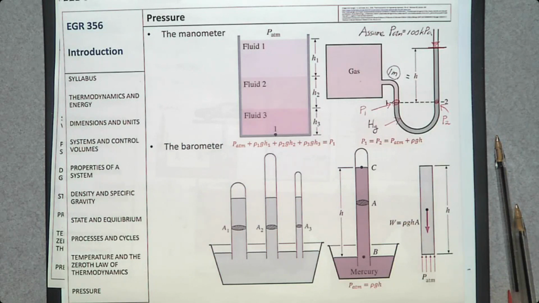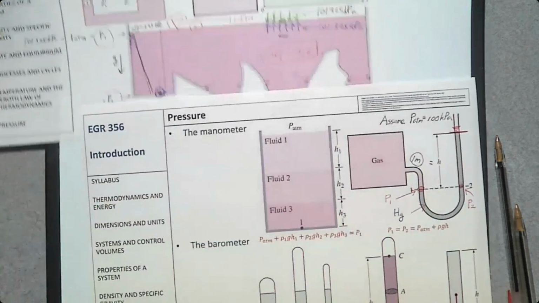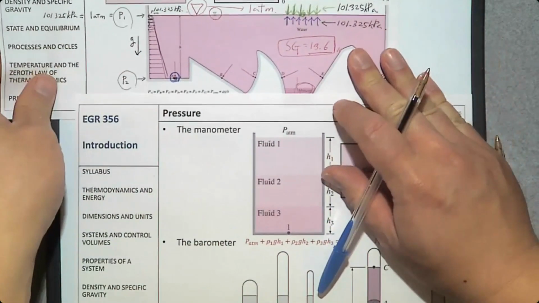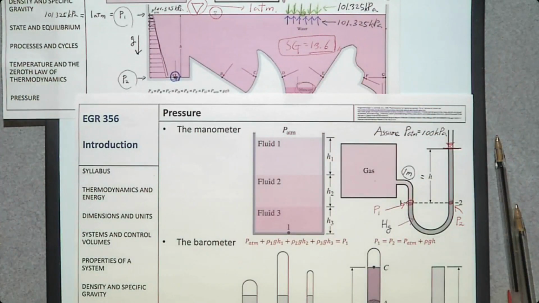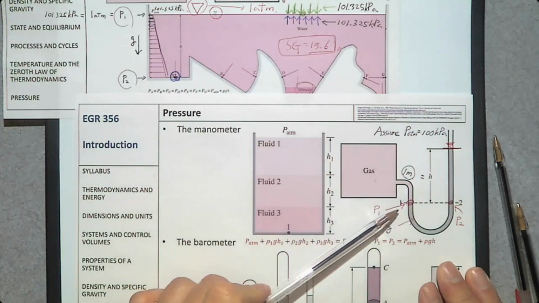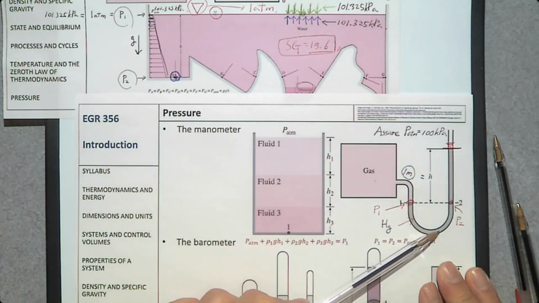They should be the same because if you remember this one, what is the pressure at A? What is the pressure at B, C, D, F, G? They are the same as long as they are at the same level within the same fluid. Now, if you go back here, P1 and P2 are at the same level and within the same fluid, mercury.